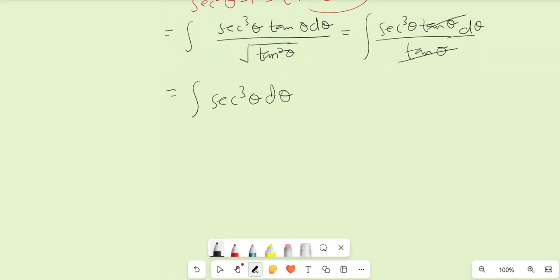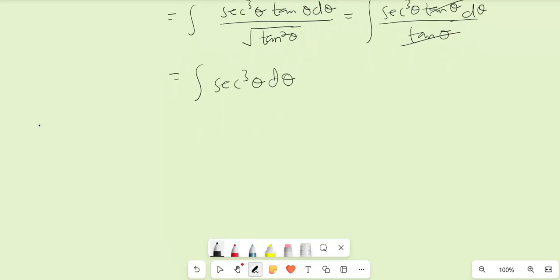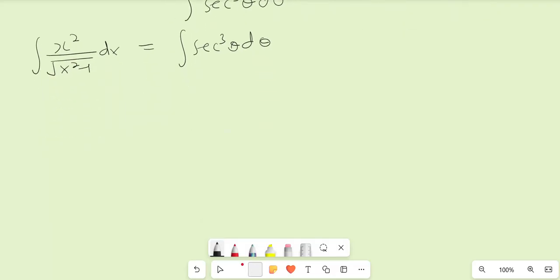So our original integral, the integral of x squared over the square root of x squared minus 1 dx, is simplified to the integral of secant to the third power of theta d theta. So our task now is to find the integral of secant to the third power of theta d theta.